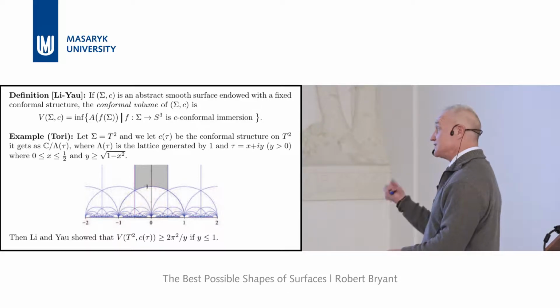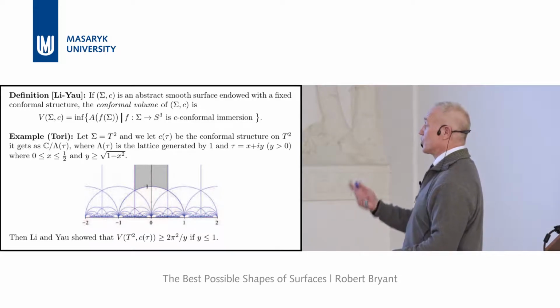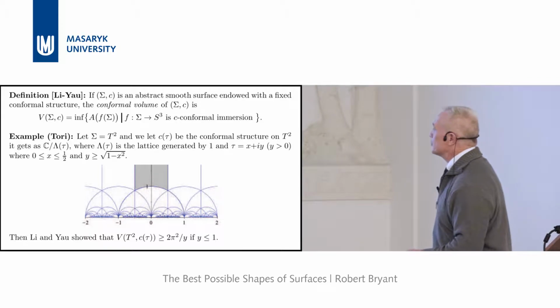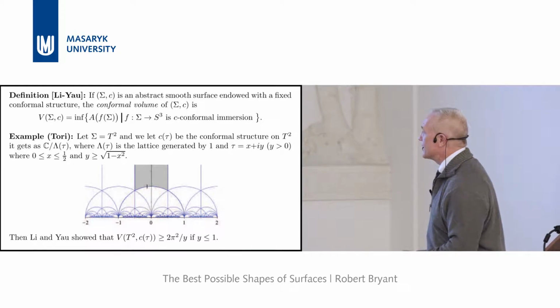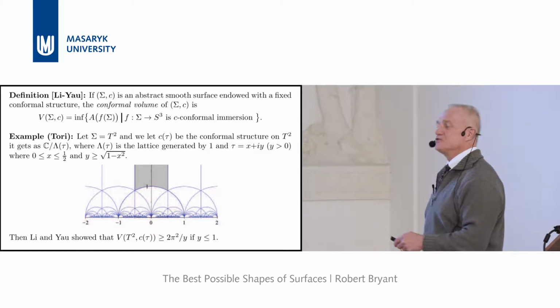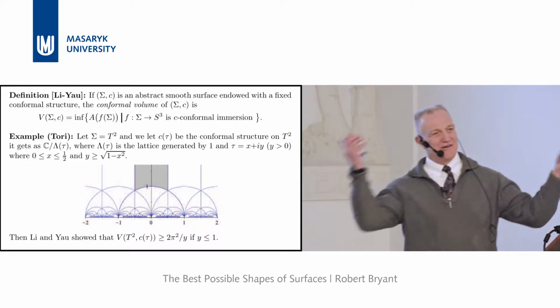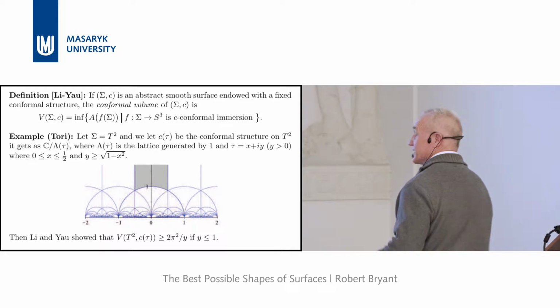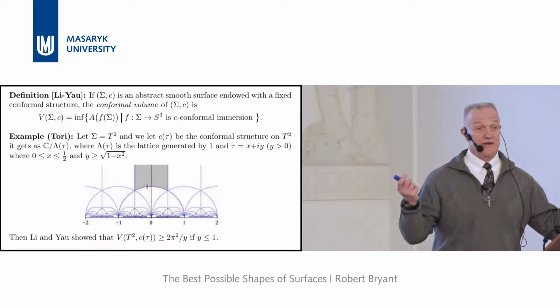Any Willmore immersion is at least this large. And so they proved the Willmore conjecture for tori way down here. Of course, there's this huge region where it didn't give any information. But it was a start. It was the first real confirmation.